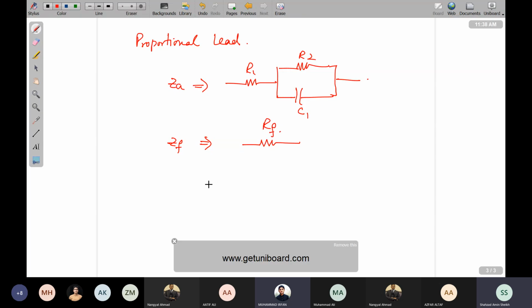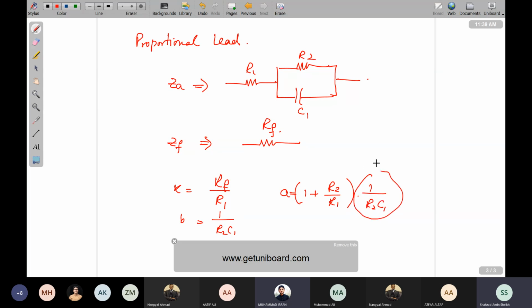Then K will be equal to RF divided by R1, B is equal to 1 over R2 C1, and A will be equal to 1 plus R2 divided by R1, into 1 over R2 C1. This is in fact B. And your transfer function in this case is GC(S) equal to K (S plus B) over S plus A.